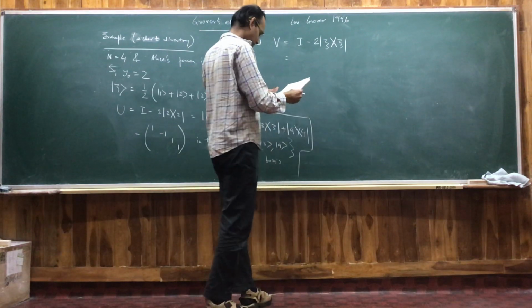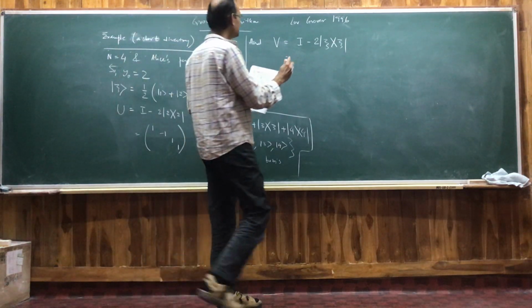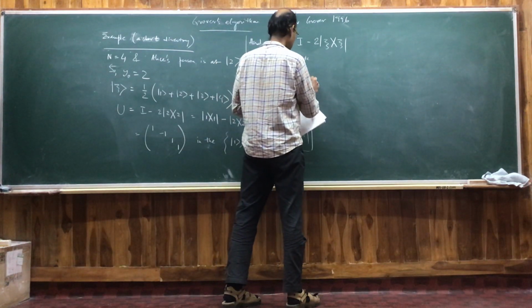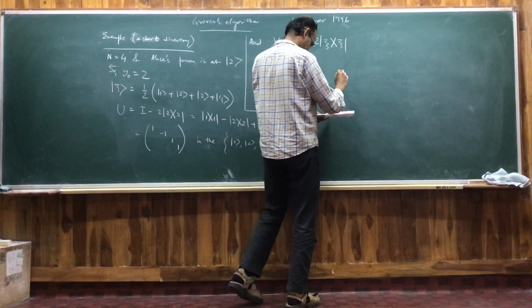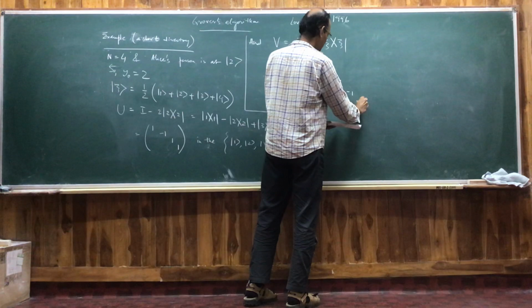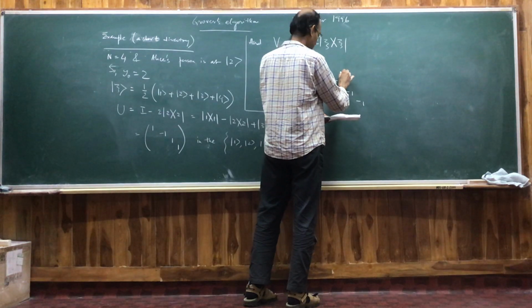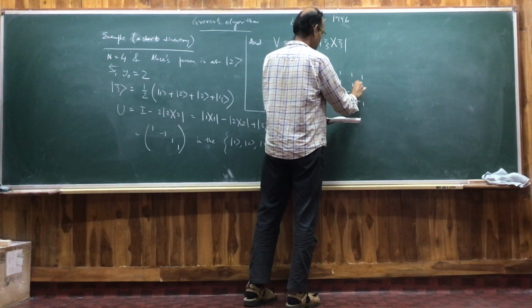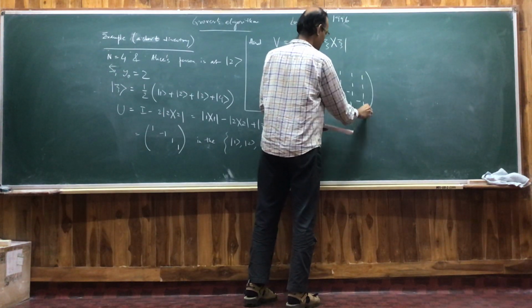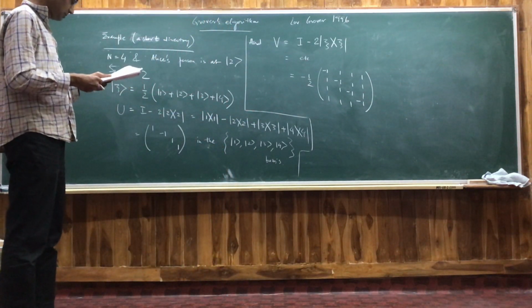Do a little arithmetic, and you land in minus 1, minus 1, minus 1, minus 1, and 1 everywhere else, okay? Hopefully this is correct.